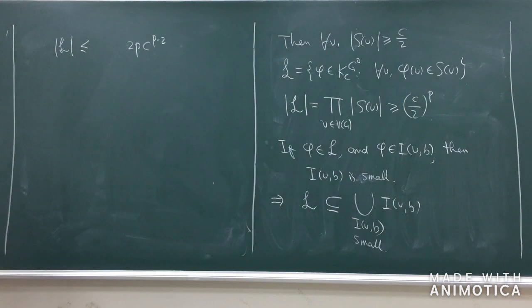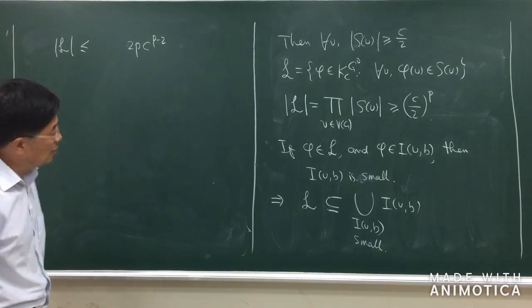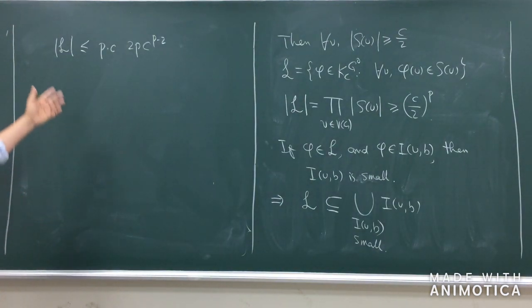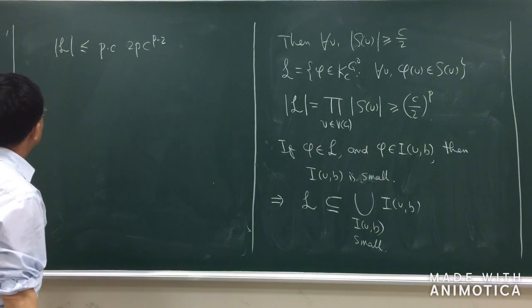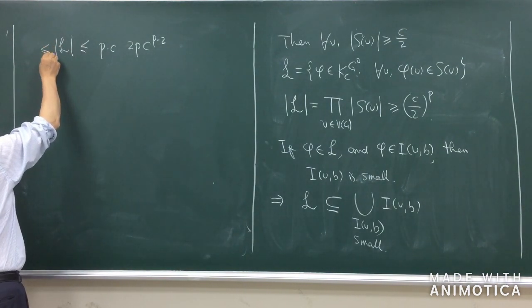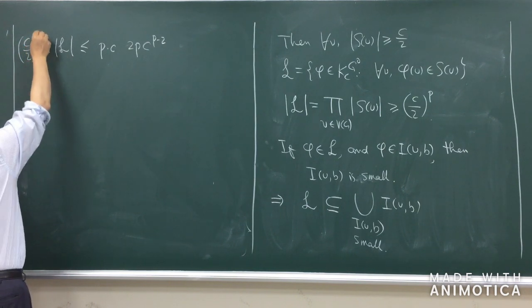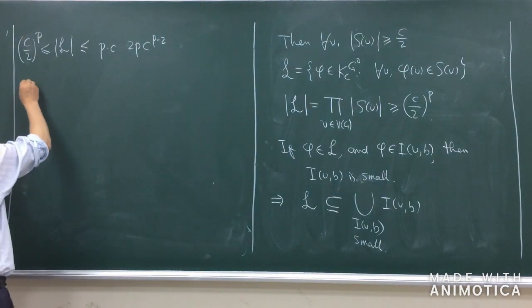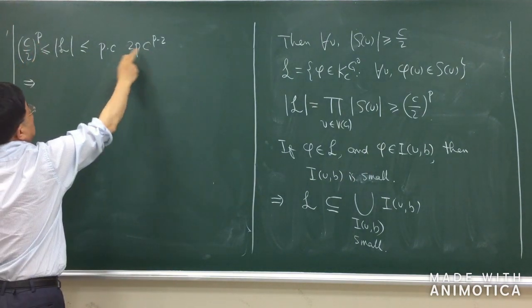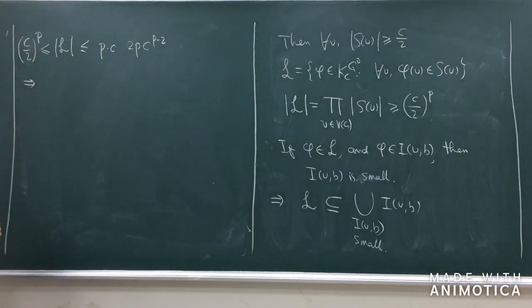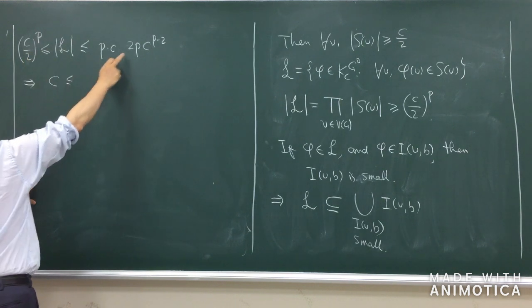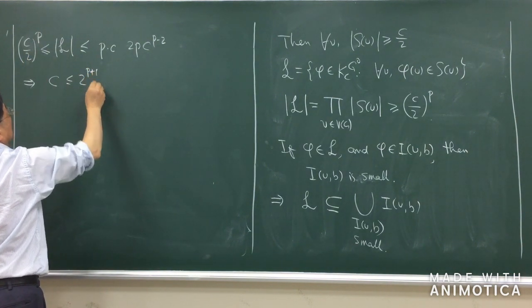So each one is less than that. And how many choices of V and B? You have P choices for V and C choices for B. So altogether it is this big. But we know that this is greater or equal to (C/2) to the power of P. So we get this inequality. This implies that C is less or equal to 2 to the P plus 1, times P squared.